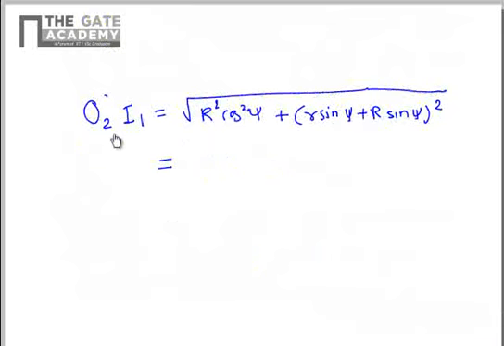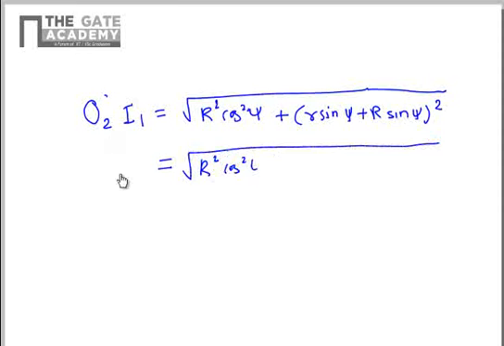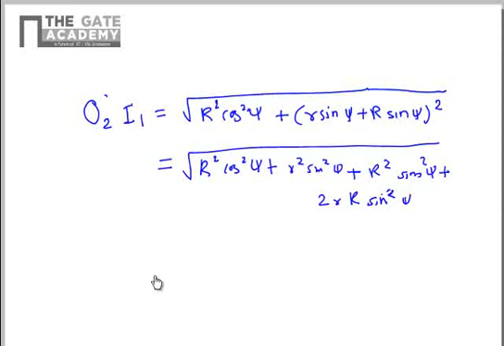If we simplify this expression, this will be R square cos square xi plus small r square sin square xi plus capital R square sin square xi plus 2 small r capital R sin square xi. So R square cos square xi plus R square sin square xi will be equal to R square.